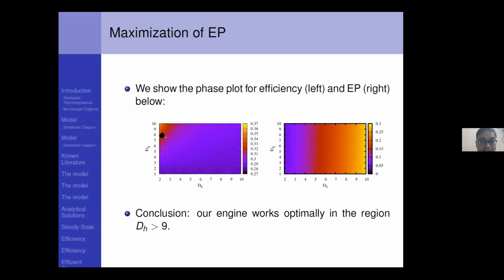This was the efficiency, and it showed a maximum efficiency in this corner. Whereas in the case of efficient power, the maximum is in the right hand portion of this curve. And here you see dh plays a much more significant role, because it keeps increasing if I increase dh, but the contribution from d eta is much less compared to dh when we consider efficient power.